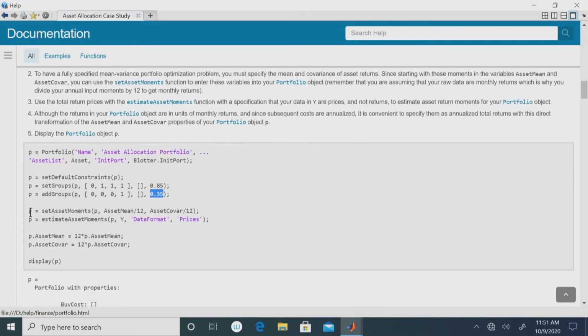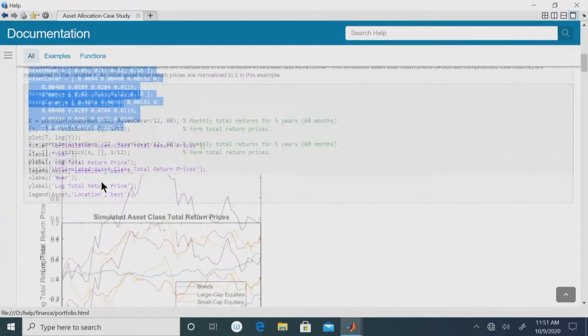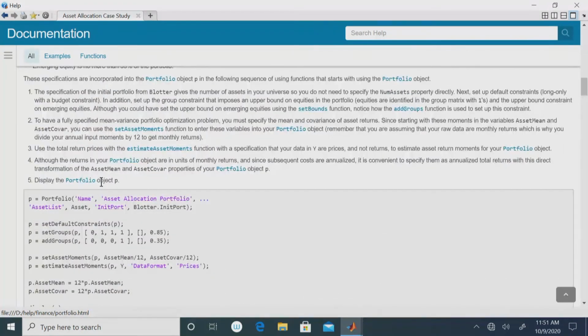Now in P you also incorporate the asset moments. What is the asset moment? It is the asset mean by 12 and asset covariance by 12, which was the historical asset mean and covariance on a monthly basis. That was something that we had done earlier, remember the one with 0.5, 0.1. Here we had the asset mean and the asset covariance. So we recapitulate that.